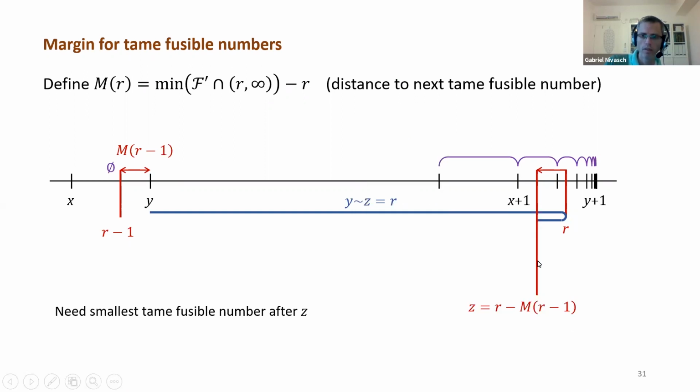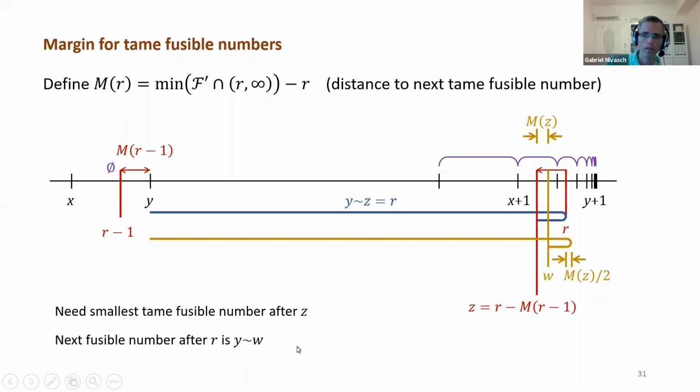Okay, we want to get the next tame fusible number after Z, and the distance to it is M of Z by recursion. Let's call it W. So we want to do Y fuse W. Okay, that's what we want. And the distance from R to that guy is half of this distance. So we get M of Z divided by 2.